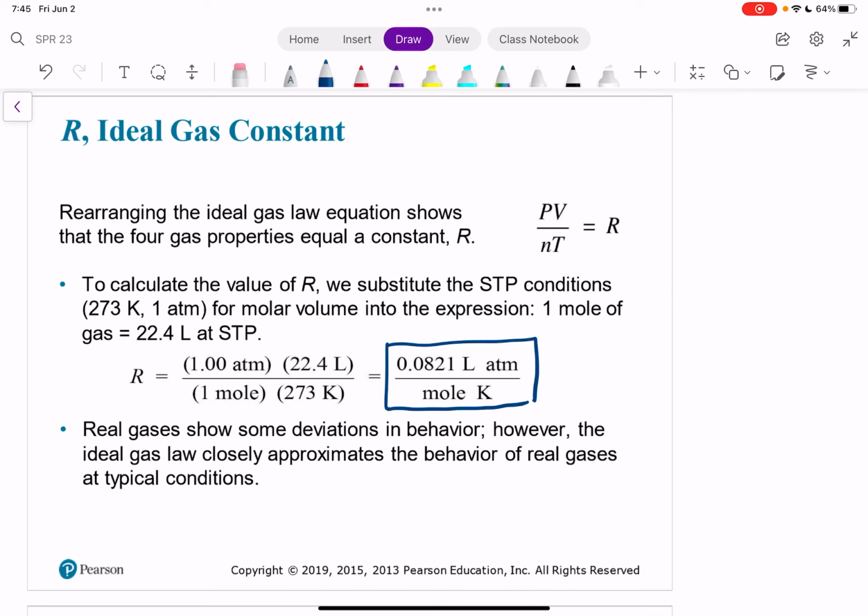Weird units, right? Another way you'll see this written is like this. The units are liters times atmospheres divided by moles times Kelvin, so liters atm over moles Kelvin.